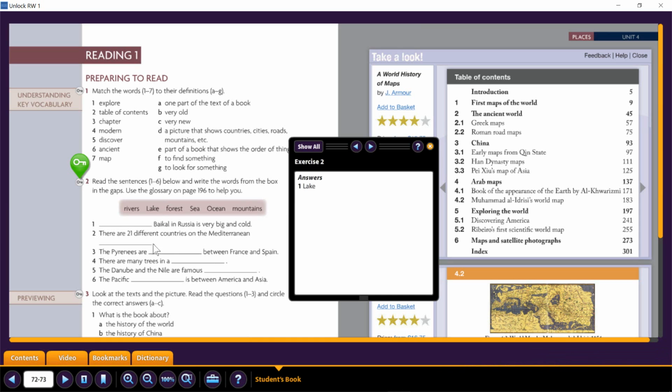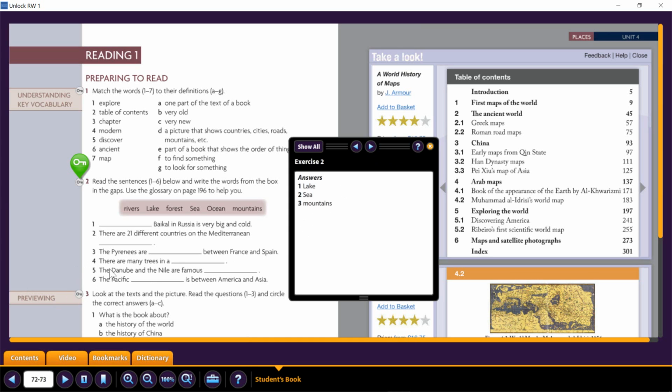Number 2, there are 21 different countries on the Mediterranean. What? What do you think? Number 2, sea. Okay, number 3, the Pyrenees are what between France and Spain? Mountains.